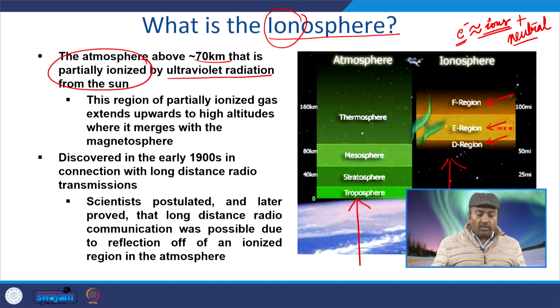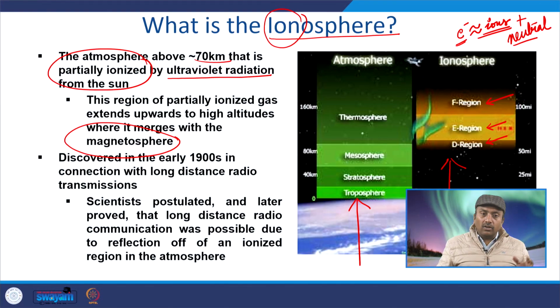So this region of partially ionized gas extends upwards to high altitudes where it merges with the magnetosphere. So what is the magnetosphere? The magnetosphere is a bubble around the planet Earth, within which the magnetic influence or the magnetic strength of the Earth is dominant or can be observed.